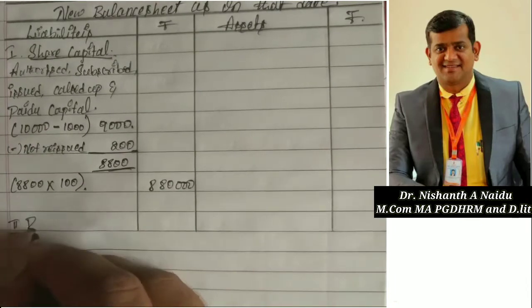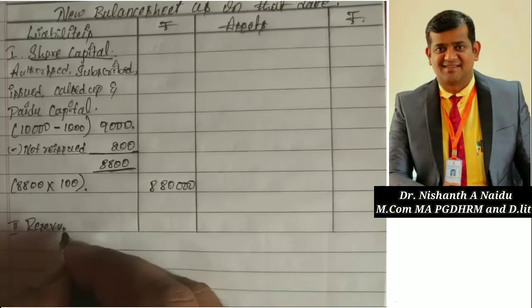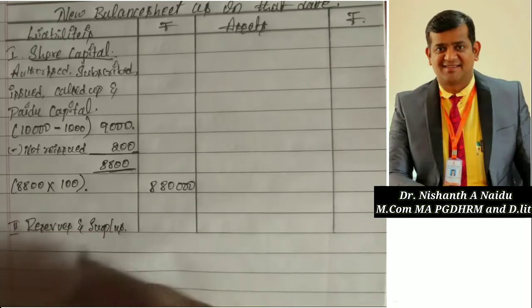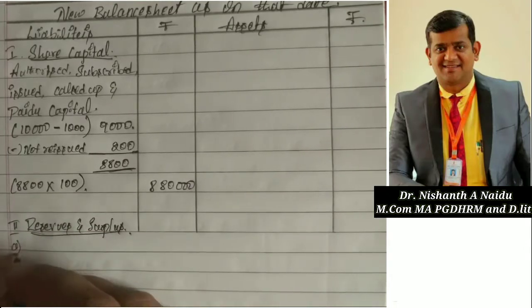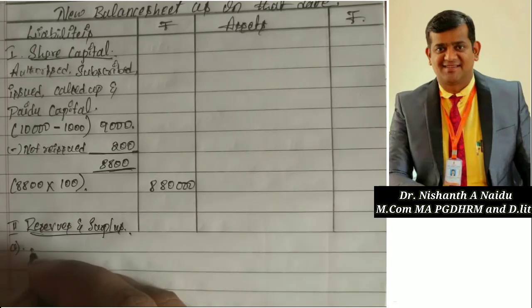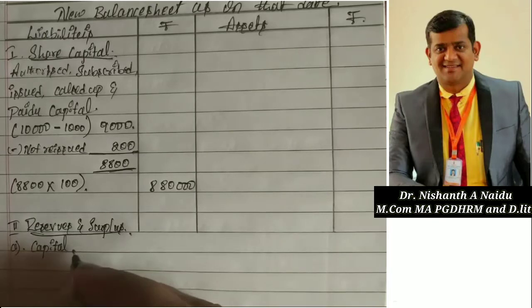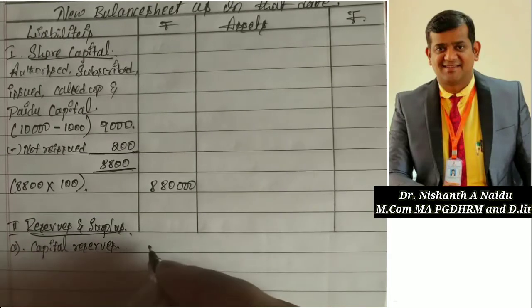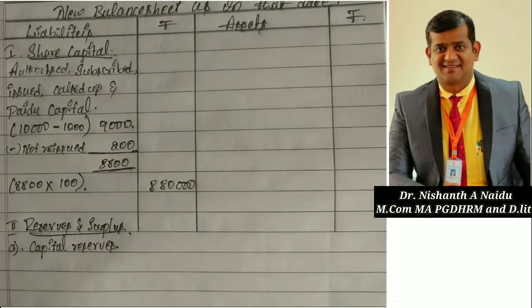So second head, reserves and surplus. So under that, number 1, capital reserve account, right? The last journal entry, capital reserves. So how much capital reserves in the last journal entry did we get? 16,000.